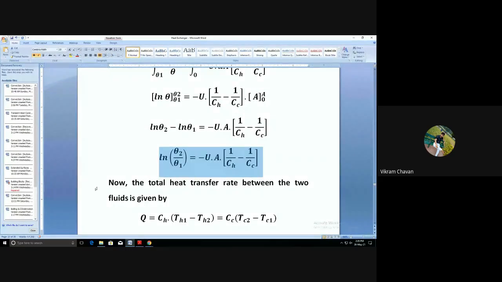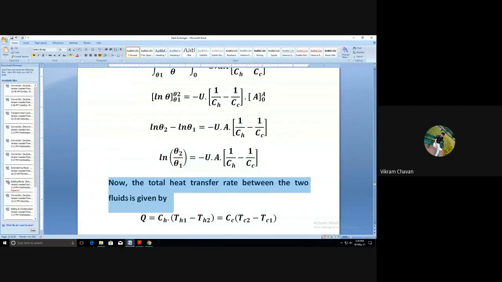Now next, we have to consider the total heat transfer between the two fluids, that is heat loss by the hot fluid and heat gain by the cold fluid.